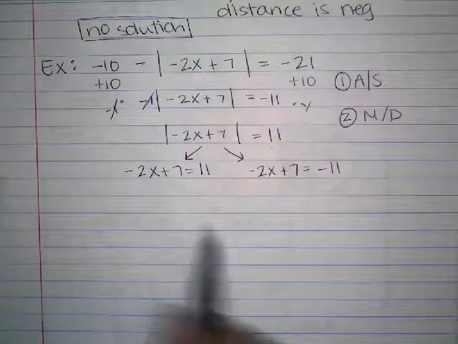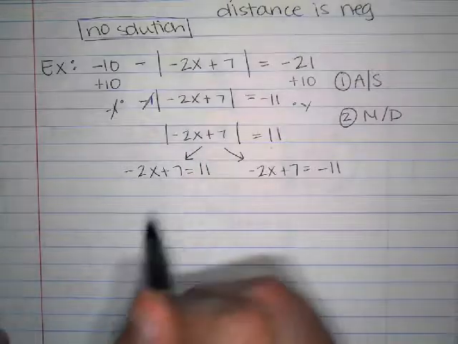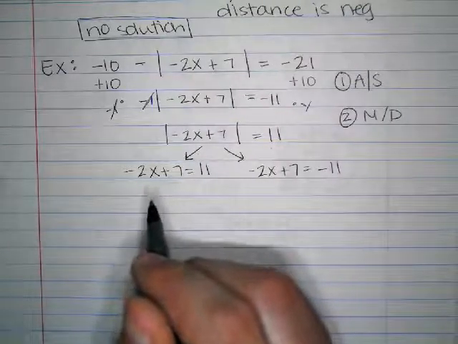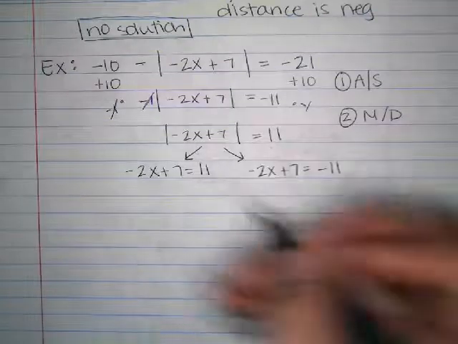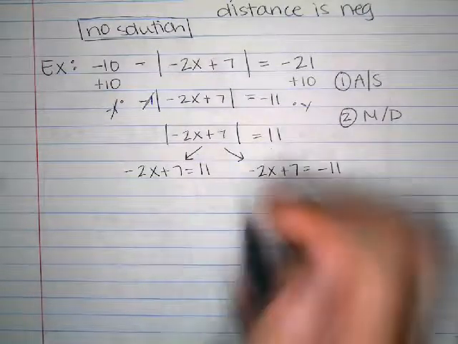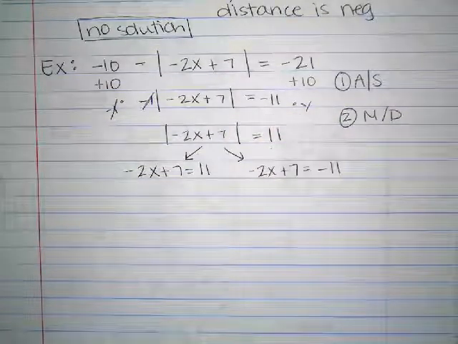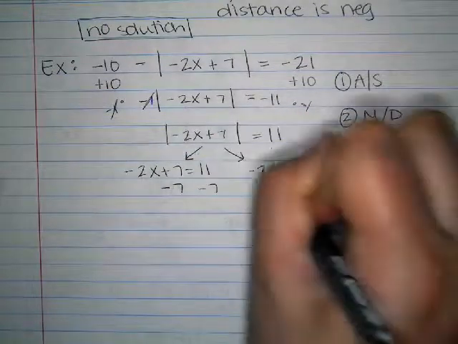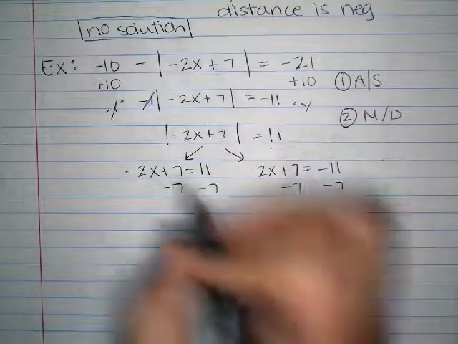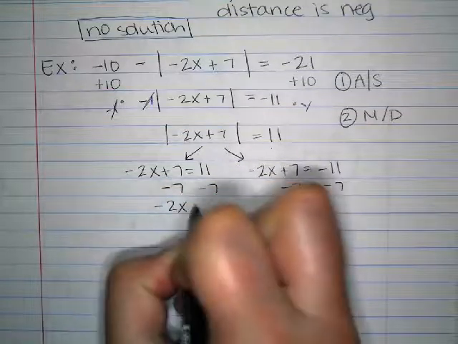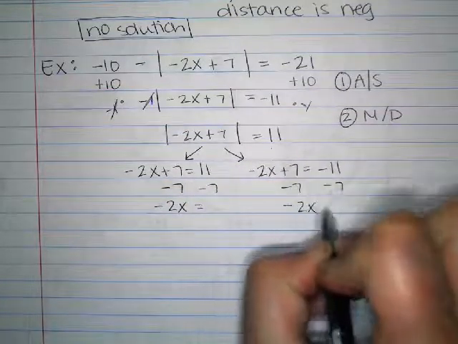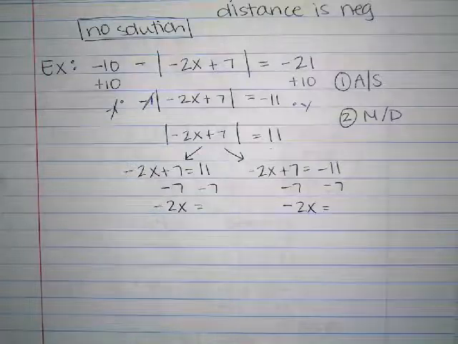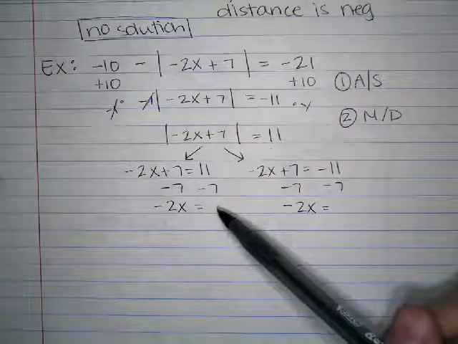It's wild. All right, so what do we do? Okay, so we got negative 2x equals 11 minus 7, which is 4. Negative 18.